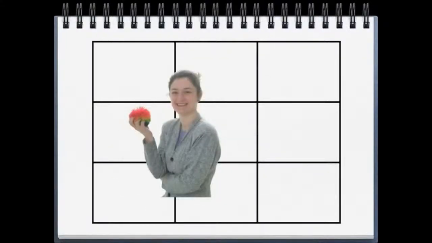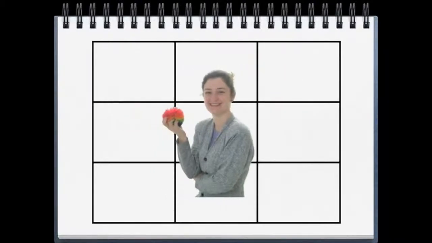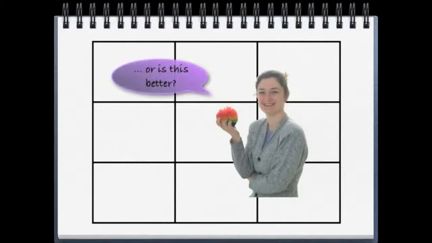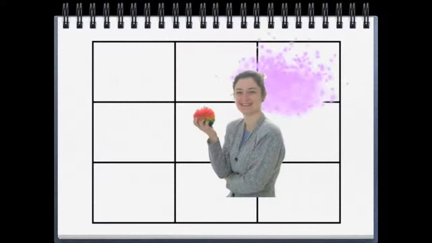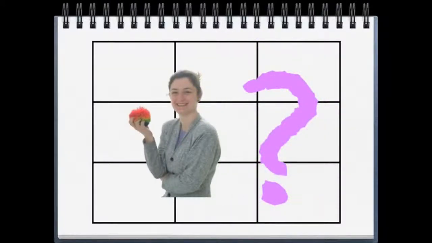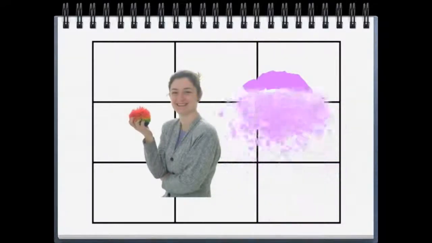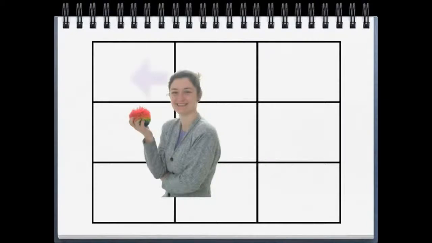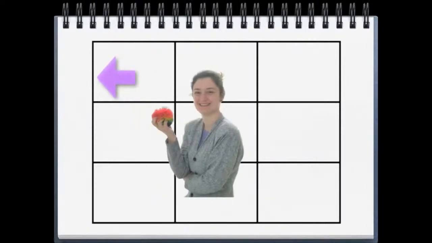If you reverse me and place me here, do you think that works as well? Or would I be better over on this grid line? What do you think? This squashes me.